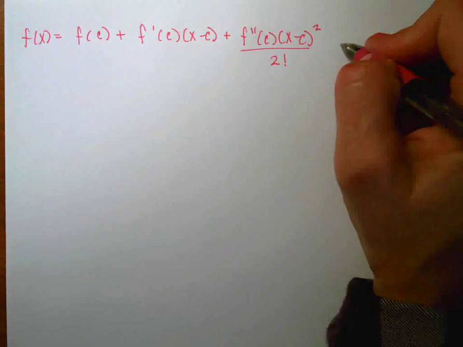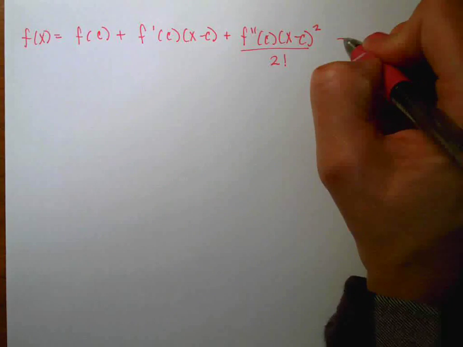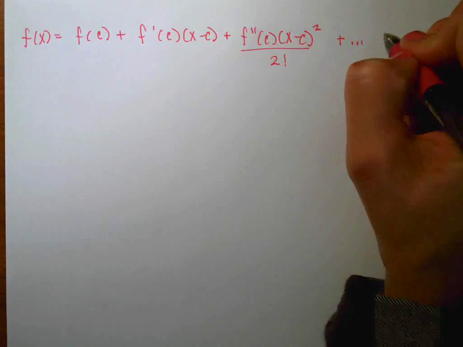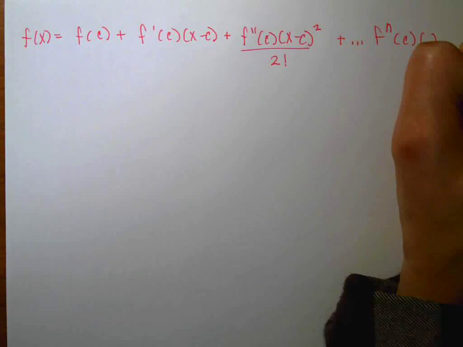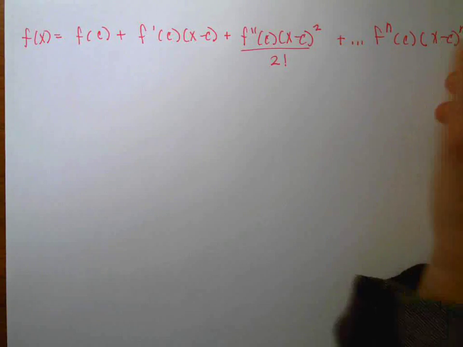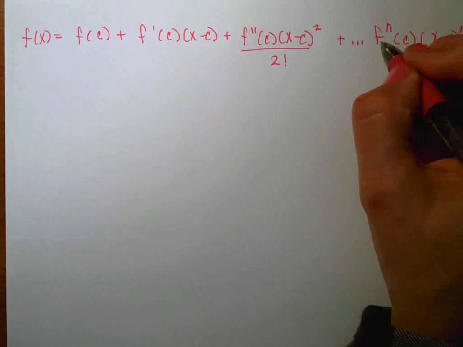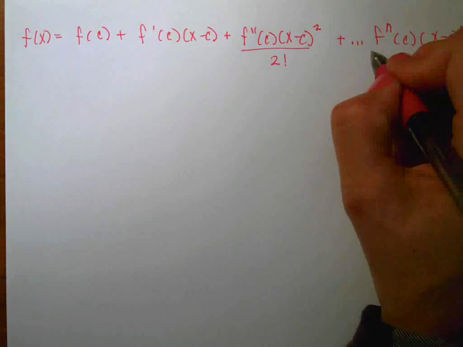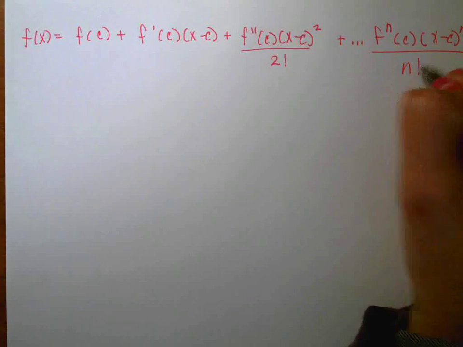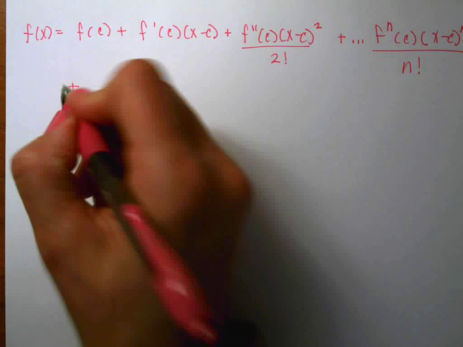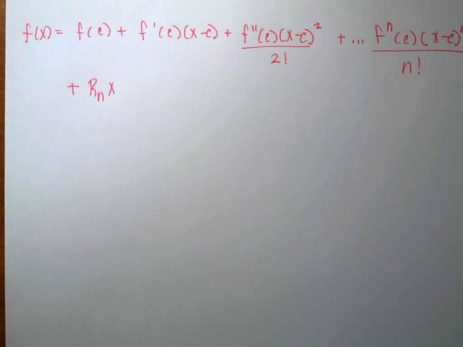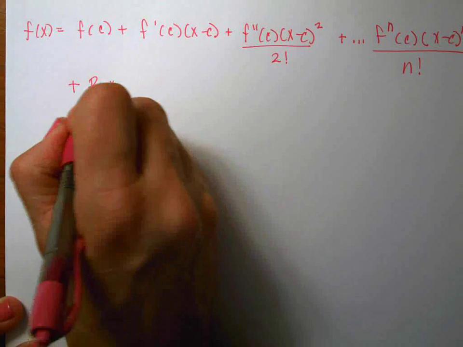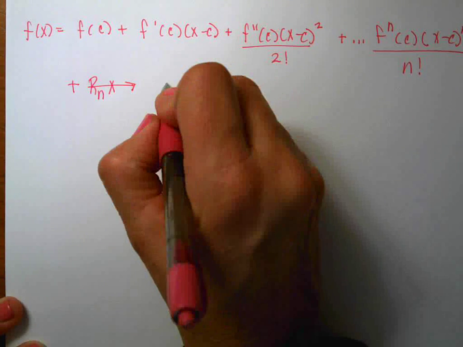Well, these are our polynomial approximations. This is either a Taylor or a Maclaurin. So then it's going to keep going until I get f to the degree n of c, times (x minus c) raised to the n, over n factorial, plus the remainder.